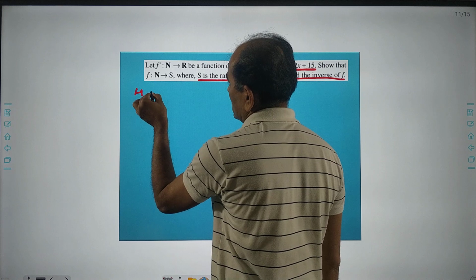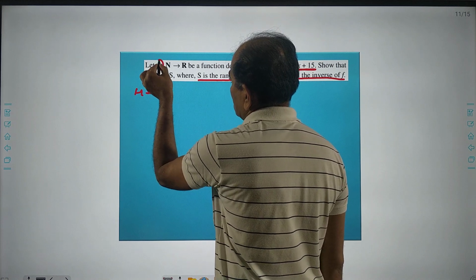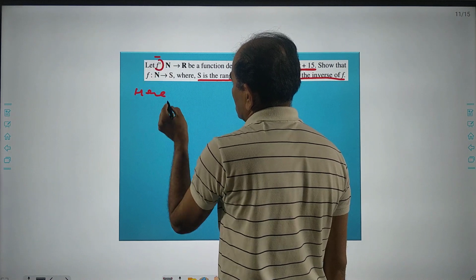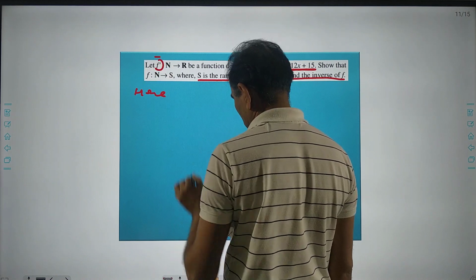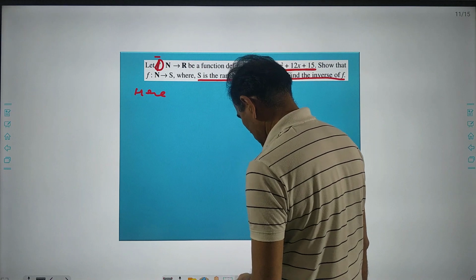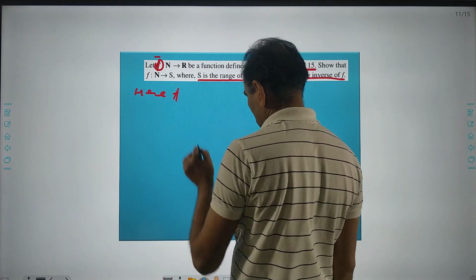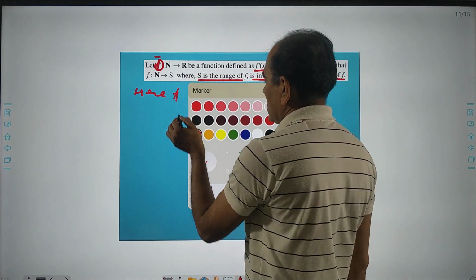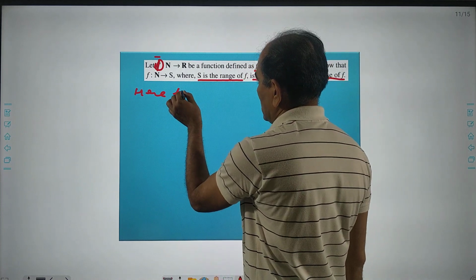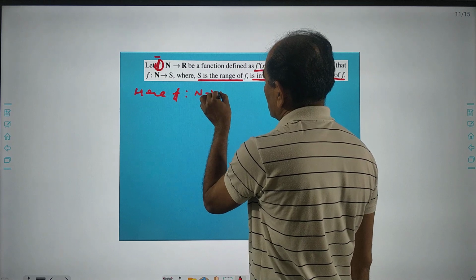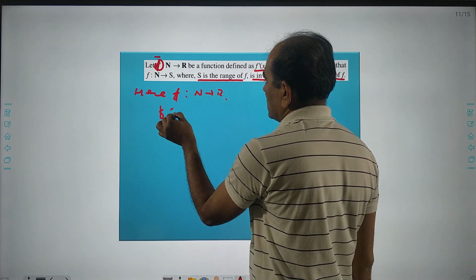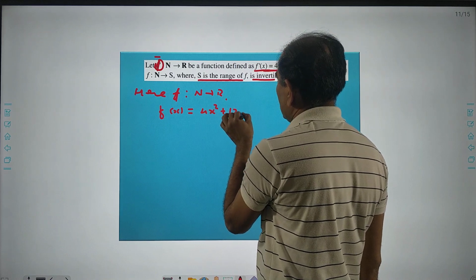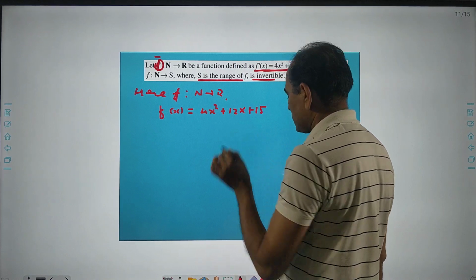Here the notation f dash is given to us. Here f is from N to R. f(x) is equal to 4x² + 12x + 15.